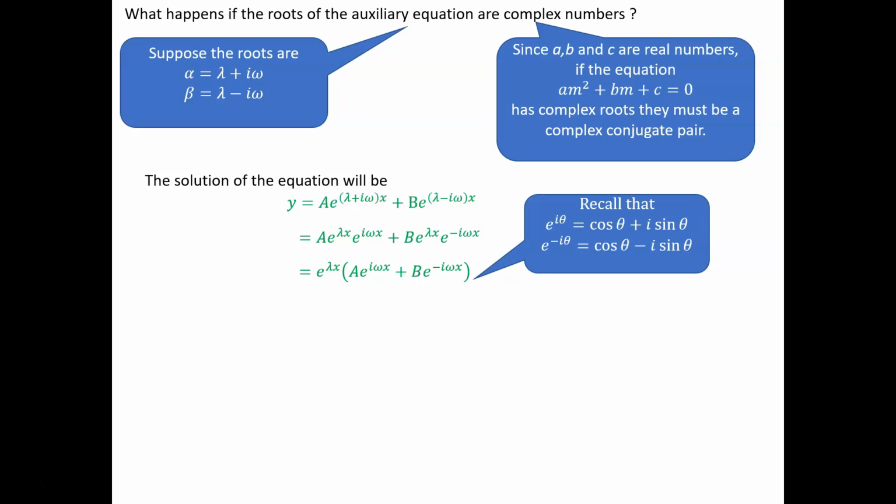So, we can rewrite our expression for y as being e to the lambda x times A (cos omega x plus i sine omega x) plus B (cos omega x minus i sine omega x). Tidying that up a little bit, that must be e to the lambda x times ((A plus B) cos omega x plus i (A minus B) sine omega x).